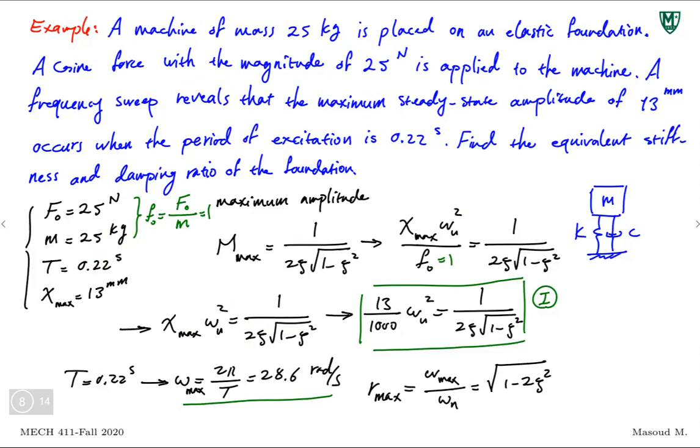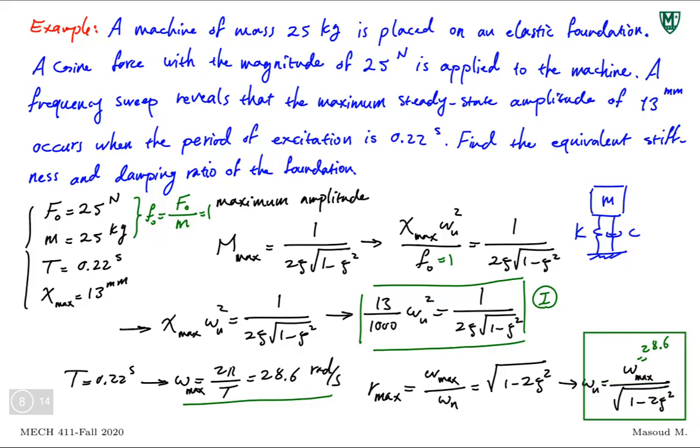I started from the first statement here, and from there, obviously, let's write it in a better way. From there, I can get omega n. It would be omega over the square root of 1 minus 2 zeta squared, and the value for omega, in this case omega max, I found: 28.6.